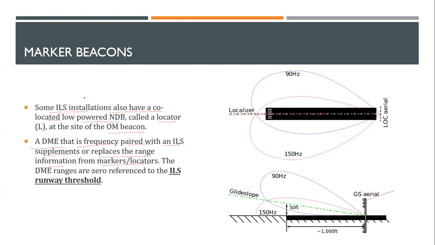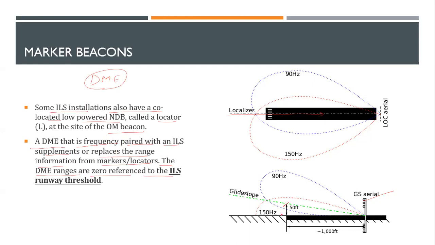So now comes the technology. Marker beacons and NDBs were obsolete technology, so we don't use them these days. Instead of that, we will use a DME. So we can install a DME which is referenced to the ILS runway threshold. What is the ILS runway threshold?